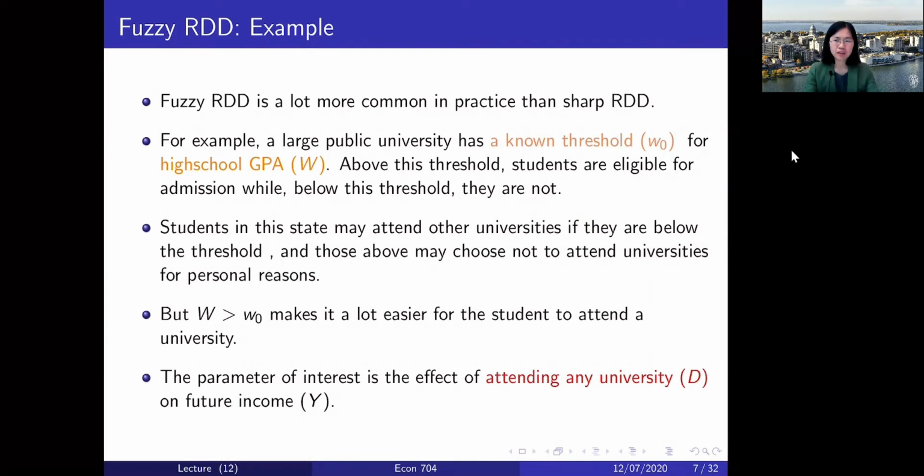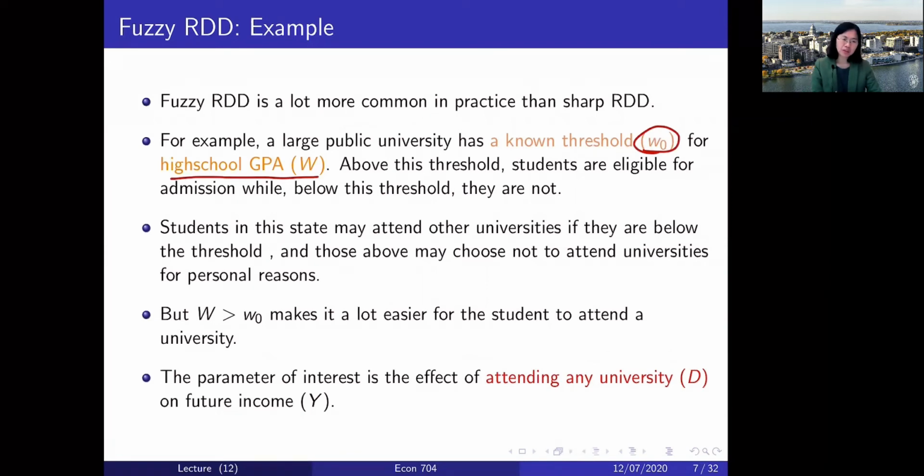Fuzzy regression discontinuity design is a lot more common in practice than sharp RDD. For example, if a large public university has a known threshold for high school GPA, above this threshold, students are eligible for admission, and below this threshold, they are not eligible.